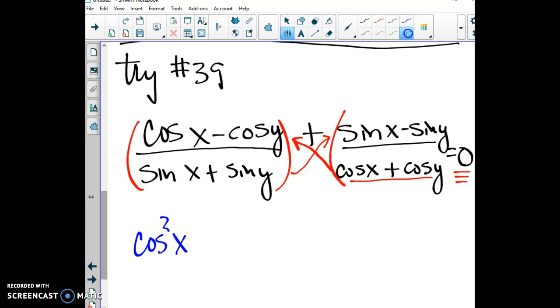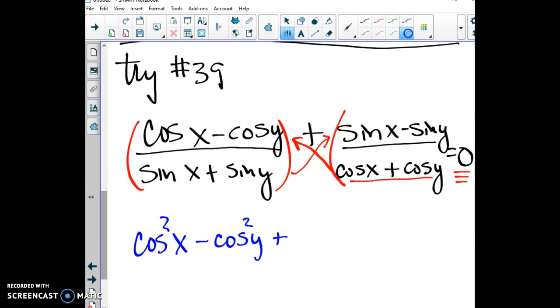And if we have minus cosine y cosine x plus cosine y cosine x, those terms, of course, cancel. We have a minus b times a plus b. We know that that middle term cancels, and we're left with first term squared minus second term squared. So we end up with cosine squared x minus cosine squared y.